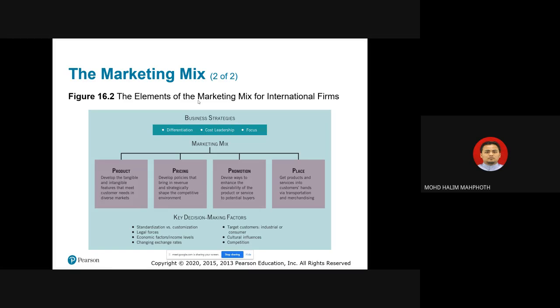When it comes to economic factors and income level, some income levels are a bit particular with the content of the product. If your product is a bit expensive, people who can afford to buy the product are a bit particular with the content of the product, what the product can offer.